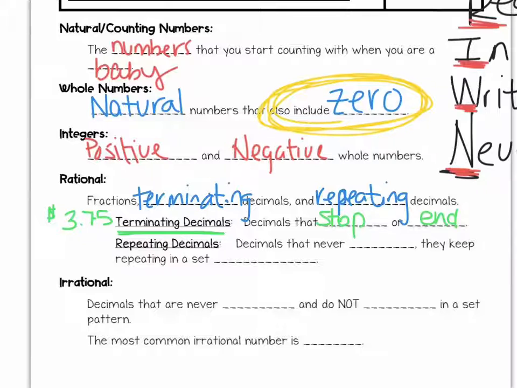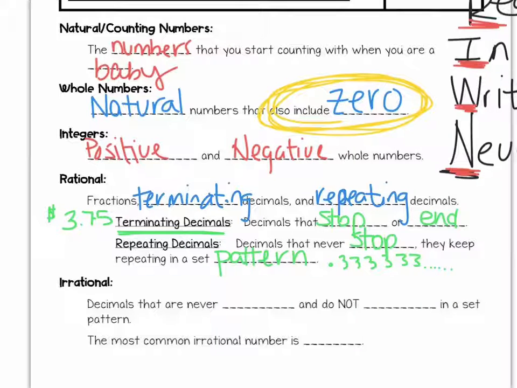We have repeating decimals, and repeating decimals are decimals that never stop and they keep on going in a set pattern. And this one is a little bit different because I see every year that my students think that the only kind of repeating decimals there is the 0.333333, and it goes on forever and ever and ever.